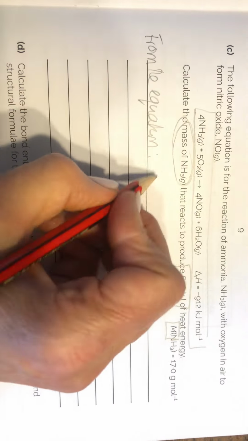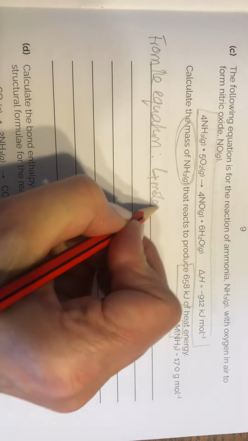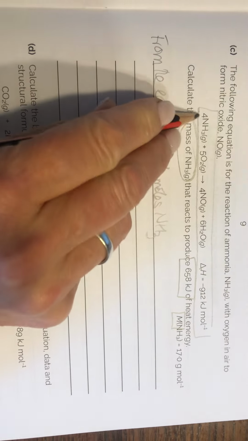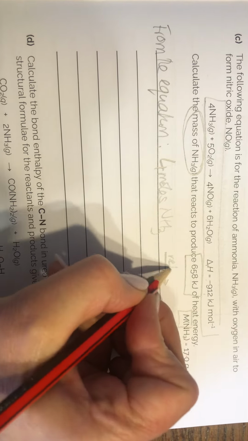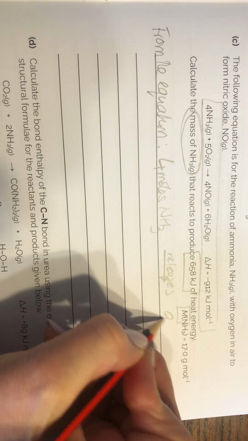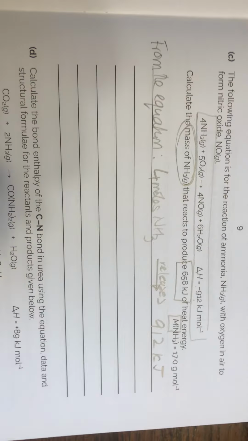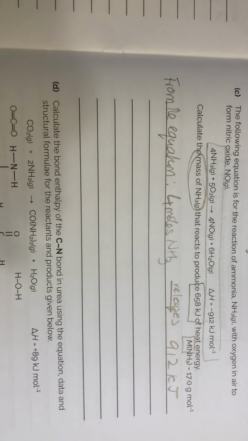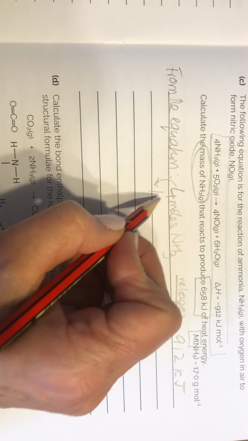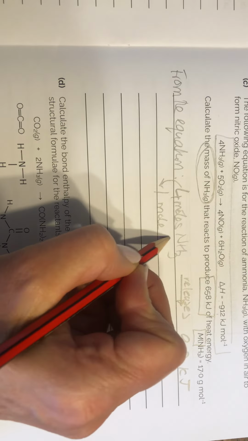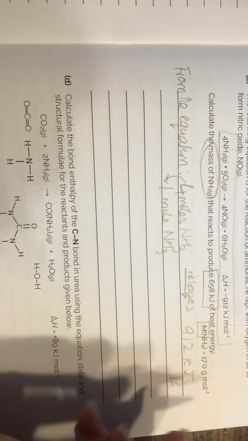So we've got 4 moles of NH3 from the equation, releases 912. Okay, so if I get a number that's not a 1, probably the easiest thing I do is to turn that into a 1. So therefore 1 mole of NH3, so I've divided that by 4.